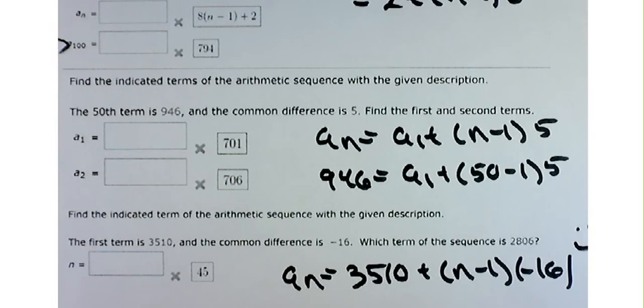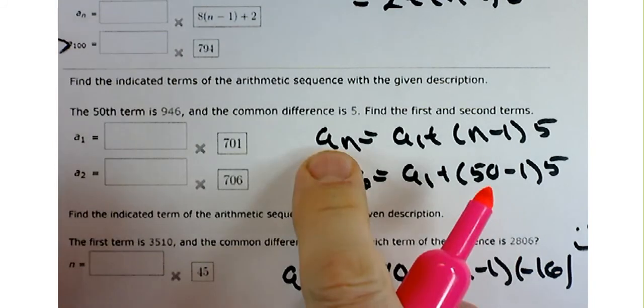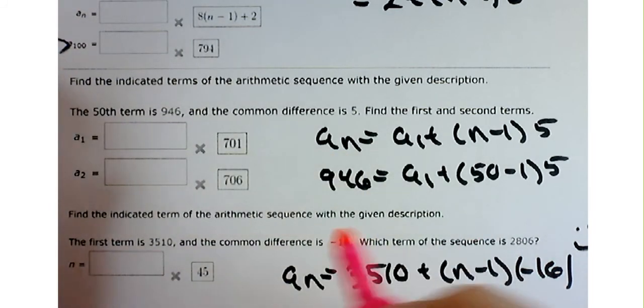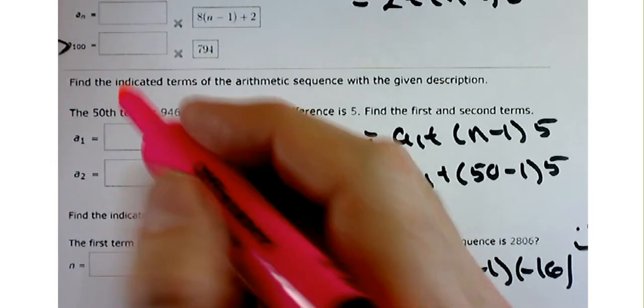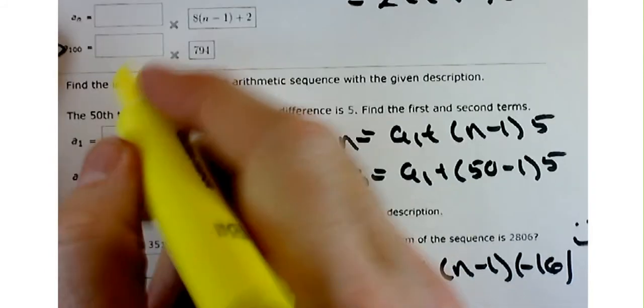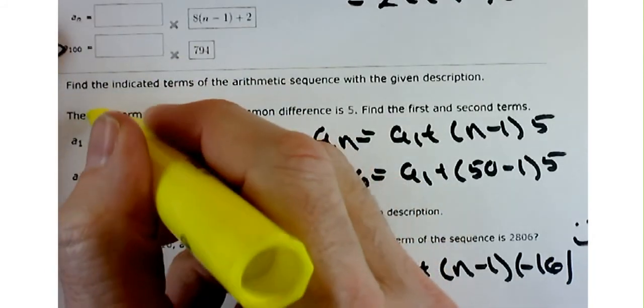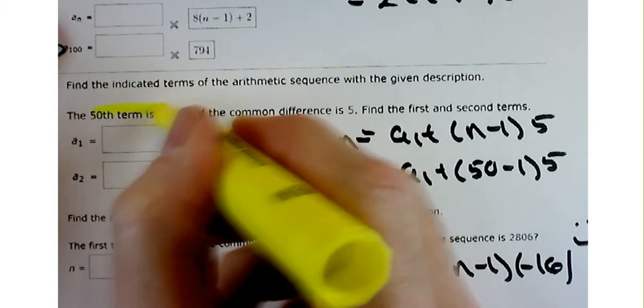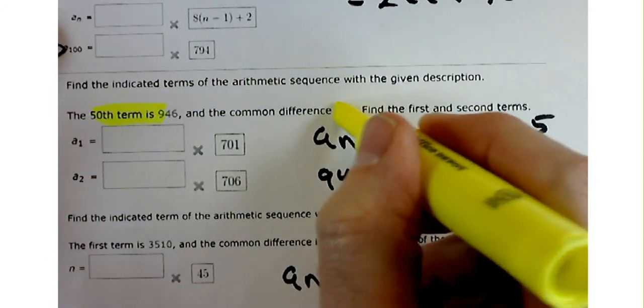You should expect one where you're going to have to kind of reverse engineer this formula for a particular sequence. So in our case, the 50th term is 946, and the common difference is 5.